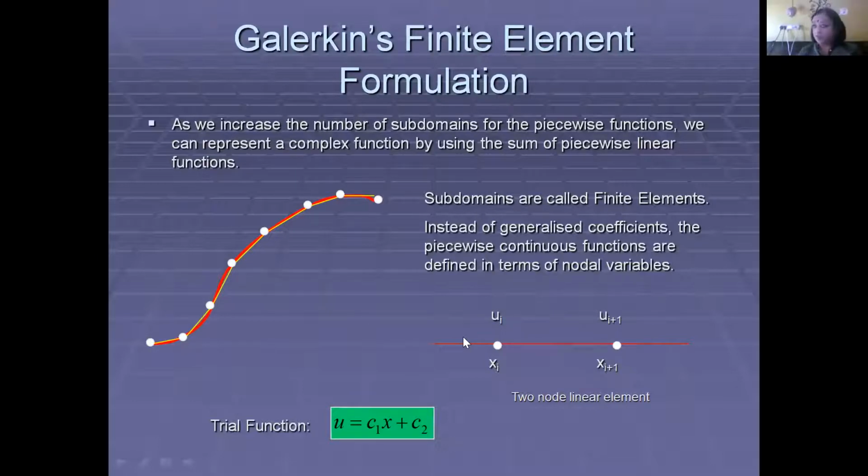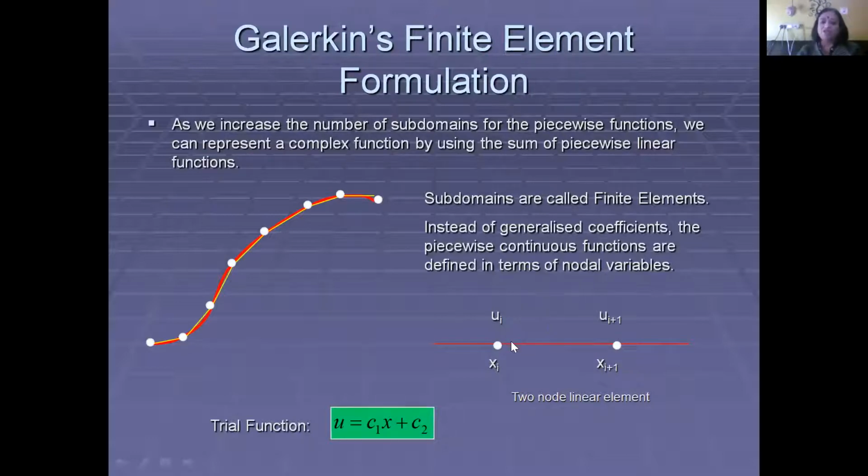Remember, that's what we did with branches. Let's concentrate on one single branch of a circuit. Let's concentrate on one single element. And over this element, I am trying to find a solution function. What kind of solution function am I trying to find?